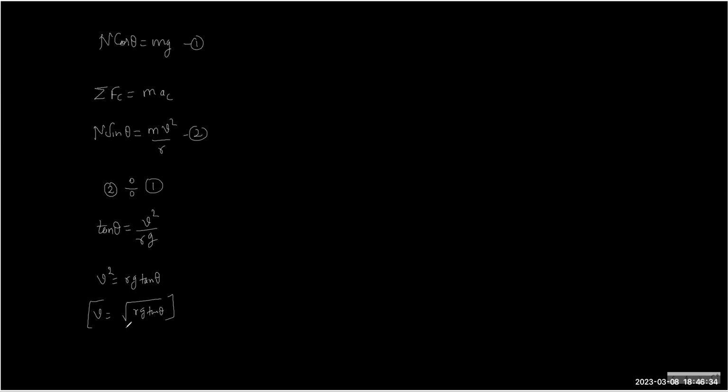Okay. So imagine a situation. Now comes the actual part. So if I create a situation when v exceeds the square root of RG tan theta, what will be the problem here?